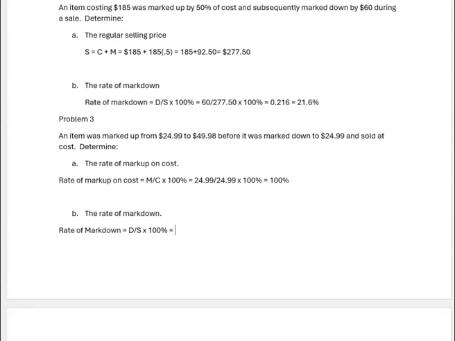So we started with a cost of $24.99, marked it up to $49.98, which is a markup of 100%. Then we marked it down to $24.99 and sold it at cost.